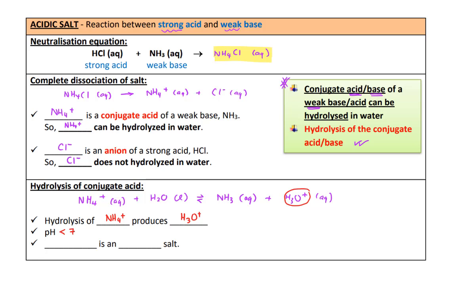Therefore, we can say that NH4Cl, the salt you formed earlier, is an acidic salt. So this is the explanation. You will have three equations altogether: neutralization, complete dissociation of the salt, and one more, the hydrolysis equation.